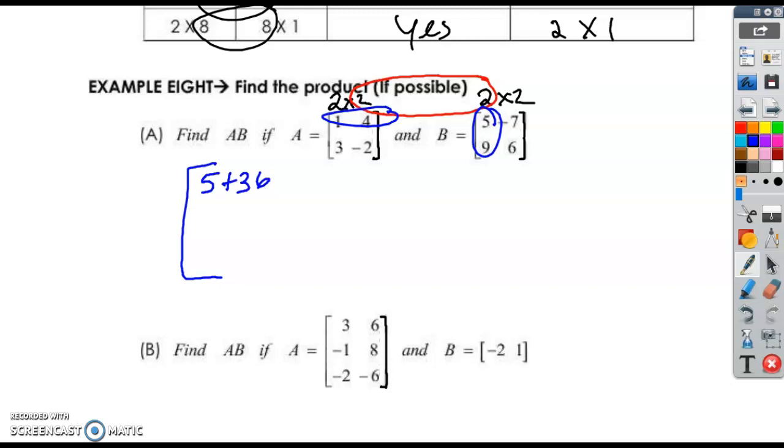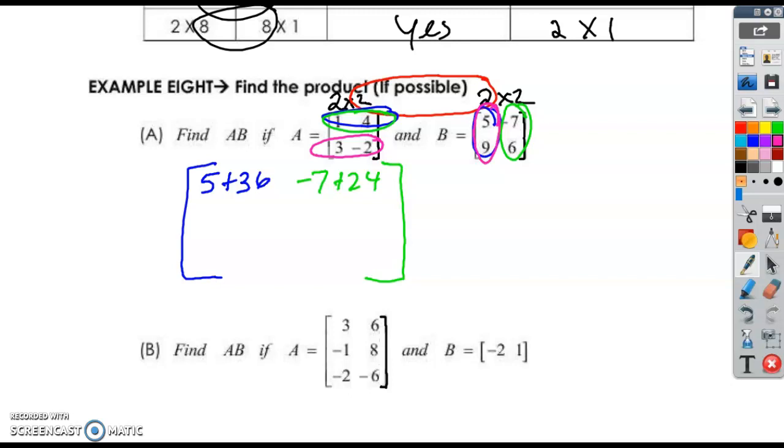goes in 1, 1. Now let's take our first row and multiply it by the second column. So that will be 1 times negative 7 plus 4 times 6. Okay, purple. Now we move on to the second row and the first column.